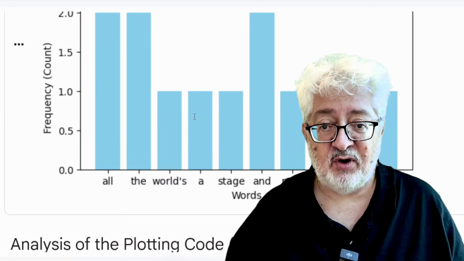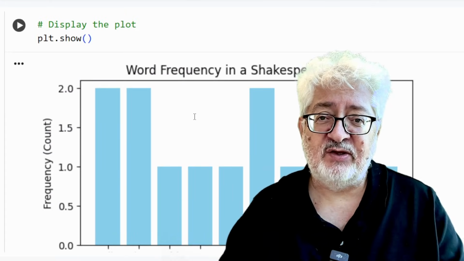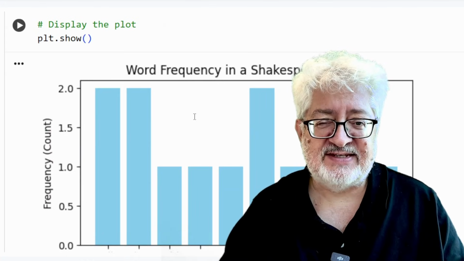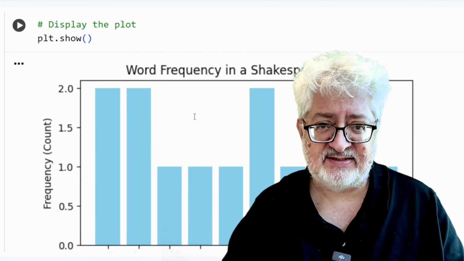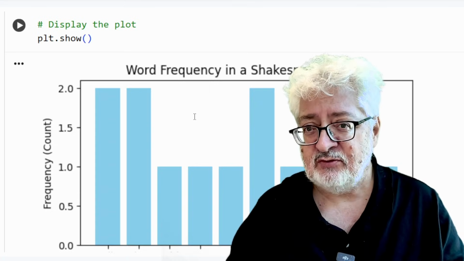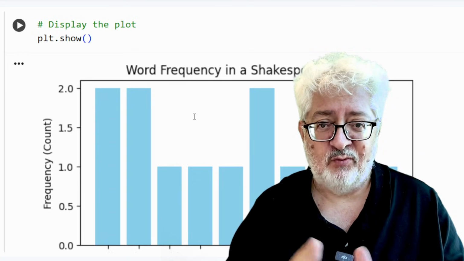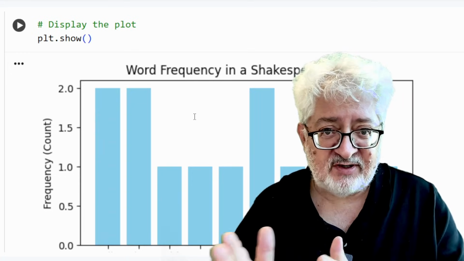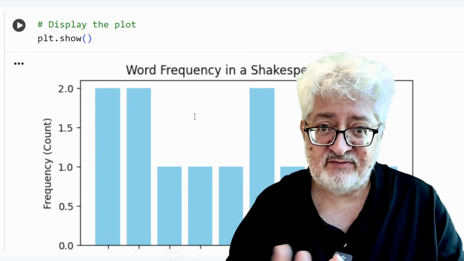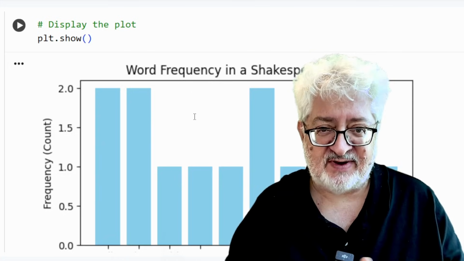Bar plots like this one are the most useful when you want to see amounts of different things plotted against each other. Like in the first example, we had the amount of fruit, and here we now have the amount of words, of different words, the amount of different fruits. So you want to compare one fruit with the other fruit in terms of amounts.